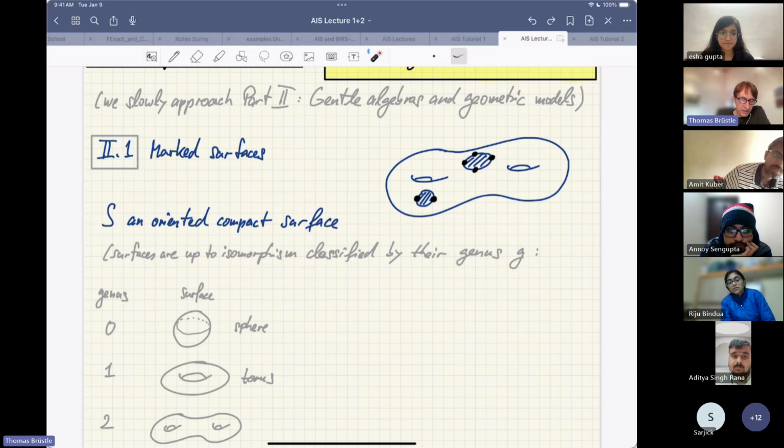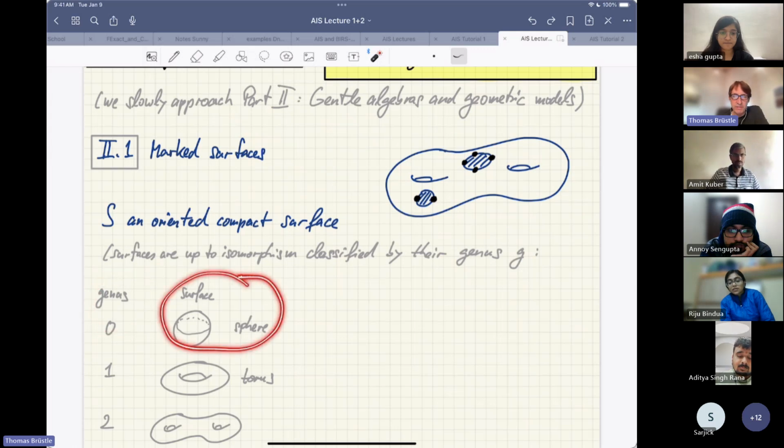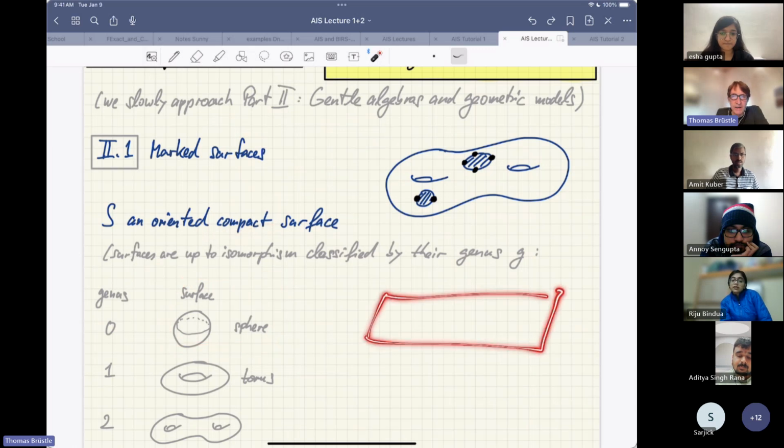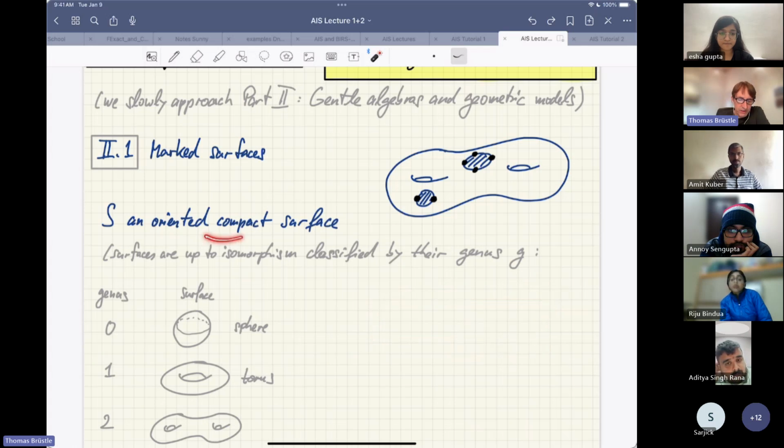So there are surfaces of genus 0. This is just a sphere. I want my surface to be compact, so I do not consider the plane because this would be unbounded. Up to isomorphism, the only compact surface of genus zero is the sphere.